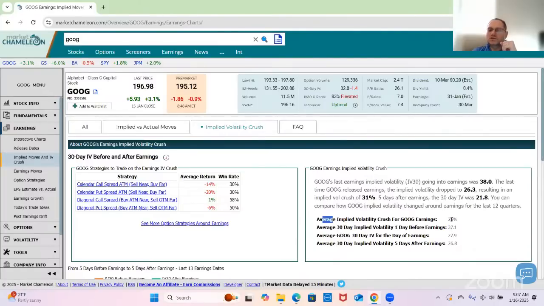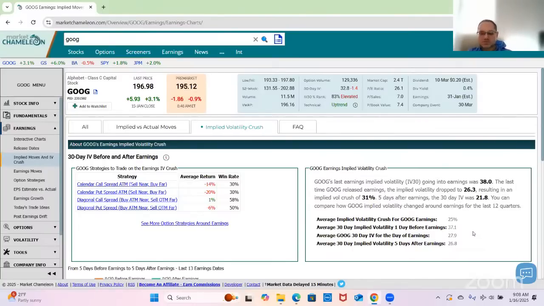Okay, this is looking at the historicals. The day after earnings, it releases earnings at the end of the day, it falls to 27.9 on average. So if we're just looking at averages here, we could see that there's a 25% decline in implied volatility on the 30-day IV, okay, at the monies. So this gives us some historical benchmarks to look at.